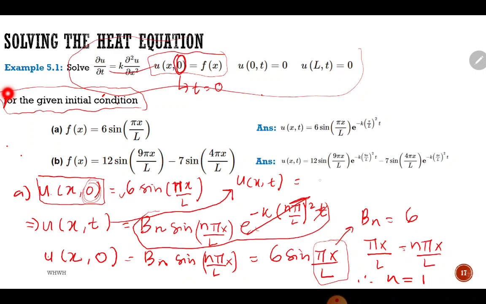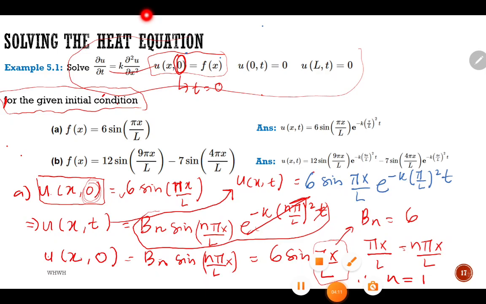So our bn is equals to 6, n is equals to 1, so 6 sin pi x over L e the power of minus k pi over L square t. Okay, tu adalah kita punya solution.